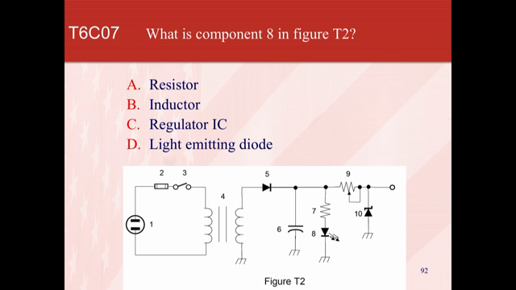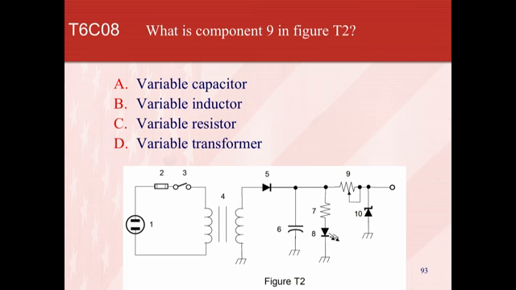What is component 8 in figure T2? That's your light emitting diode, or commonly abbreviated as LED. What is component 9 in figure T2? It's a variable resistor.